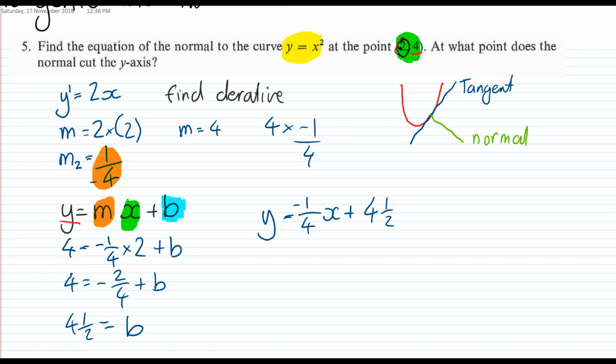Now, at what point does this cut the y-axis? To work out that, we sub in 0 for x, our y-intercept. When x equals 0, y equals minus a quarter of 0 plus 4.5, which is going to be 4.5.